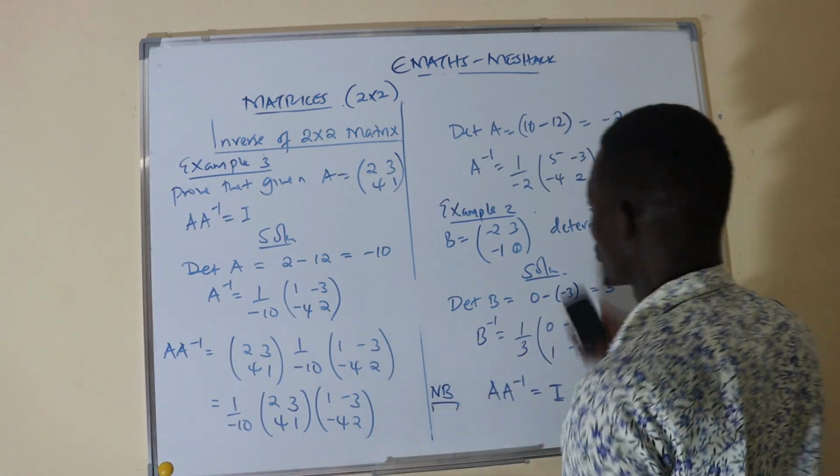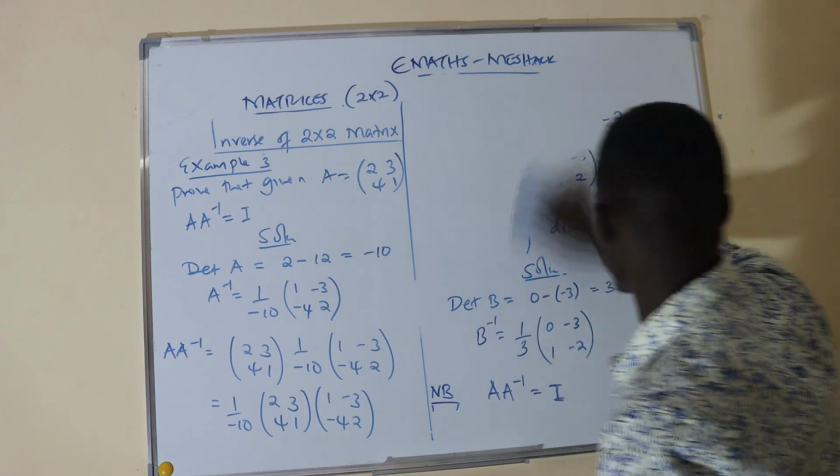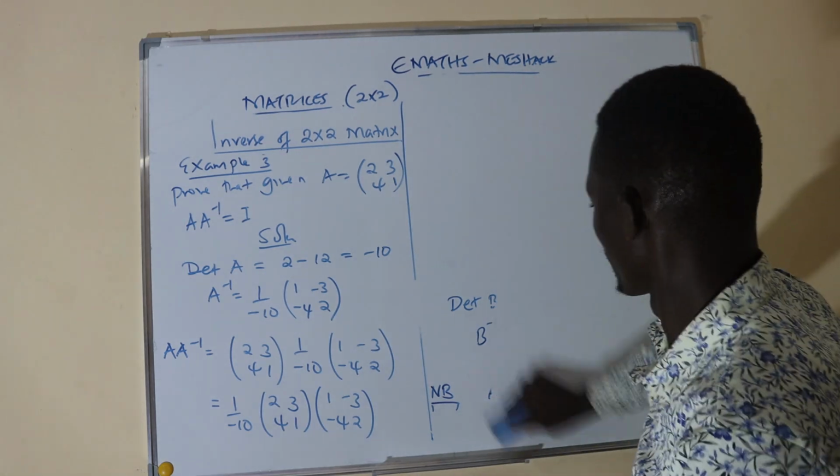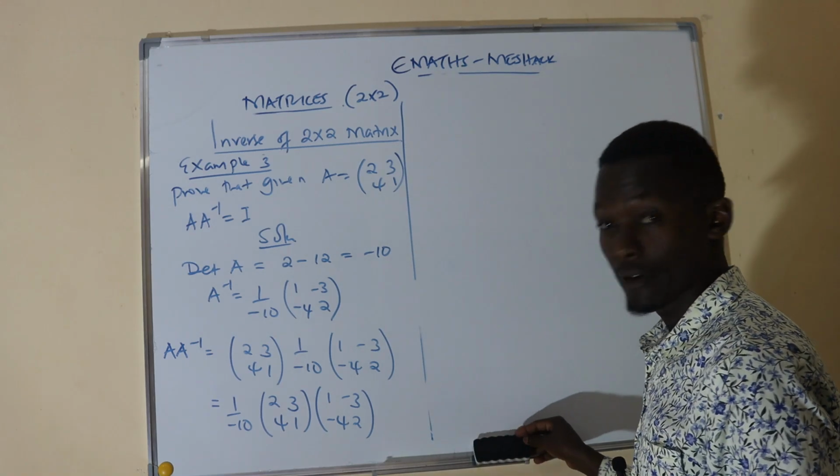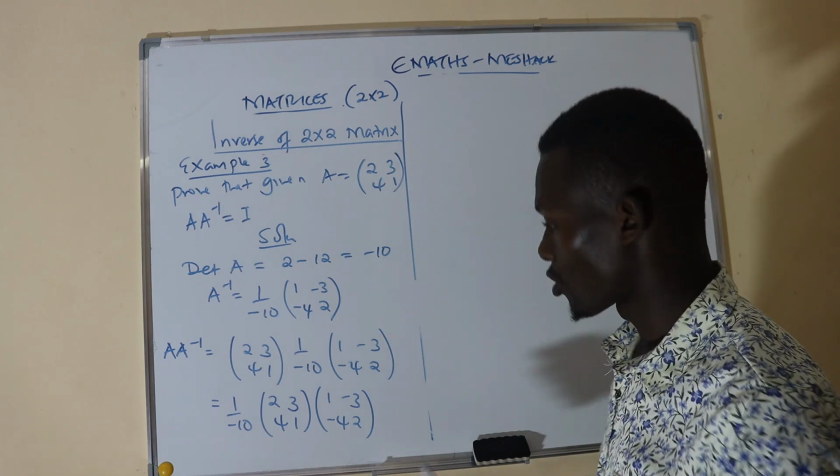Now we can just multiply them the same way we multiply any other matrix. So it is row by column.